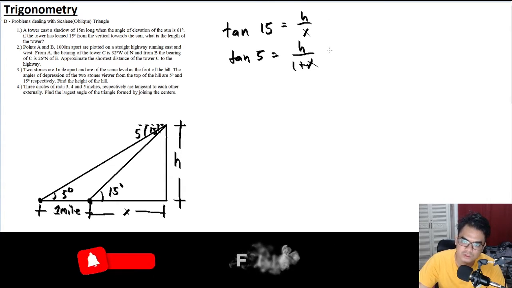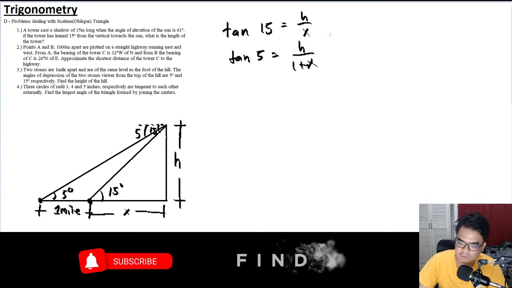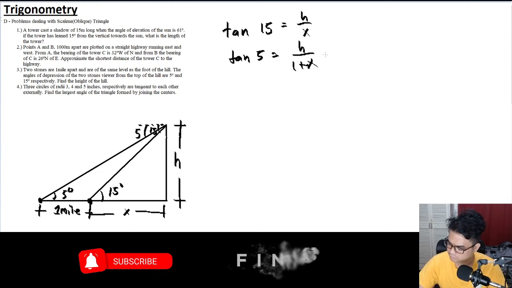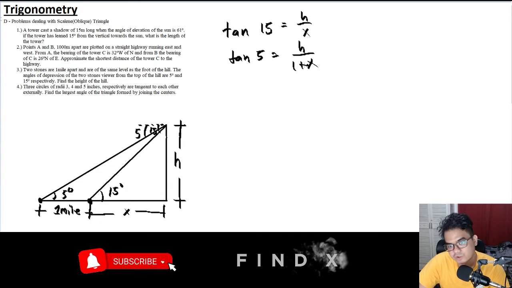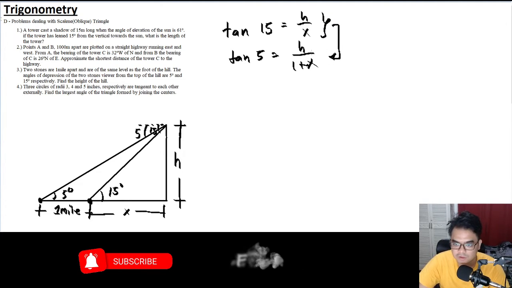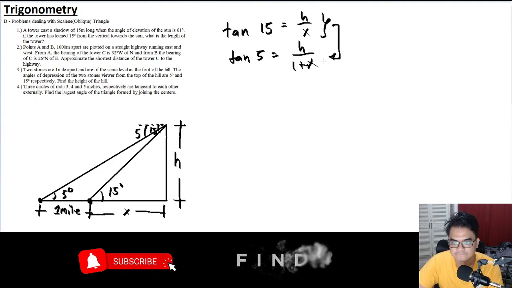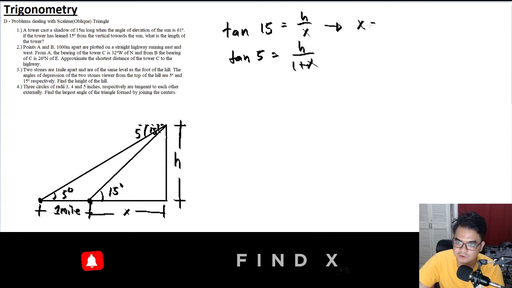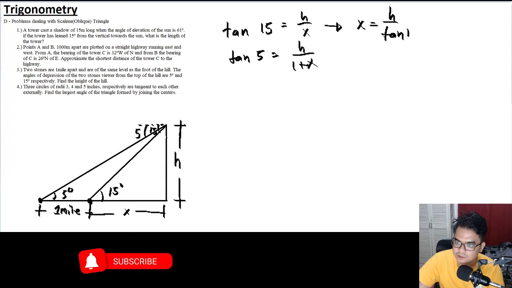So we got two equations, two unknowns, that's h and x. What you can do is substitute the value of h here to here, or value of x to here, or something like that. Or maybe from here we can just isolate x. So x is equal to h over tangent 15, right?